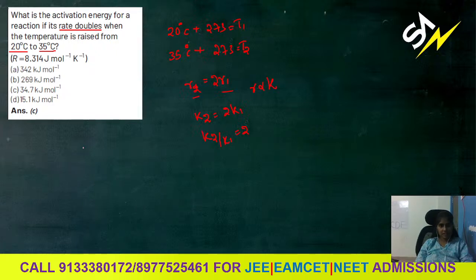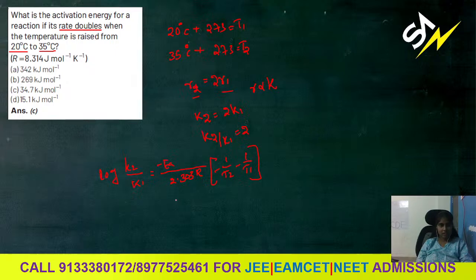Now apply it in the Arrhenius equation: log of k2 by k1 is equal to minus Ea by 2.303 R times (1 by T2 minus 1 by T1).